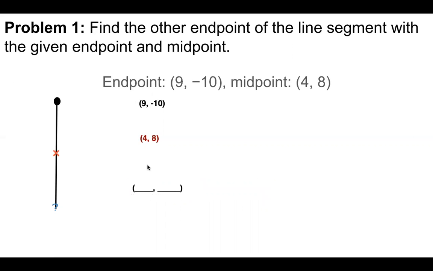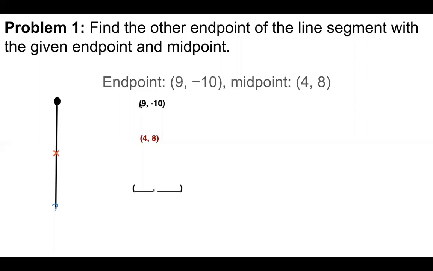Now, to figure out how to get from these numbers that we know, the 9, -10, the 4, and the 8, to our mystery number, we first have to figure out what the pattern is going from the endpoint to the midpoint.